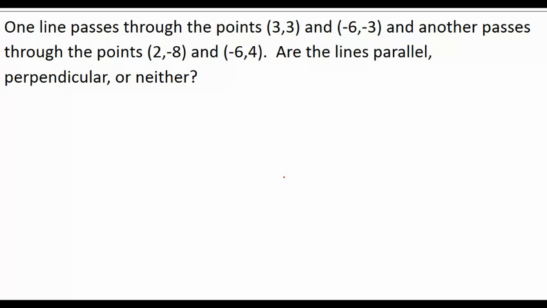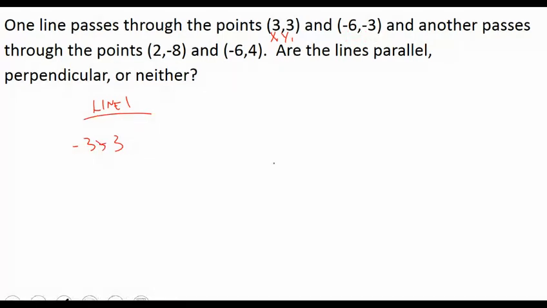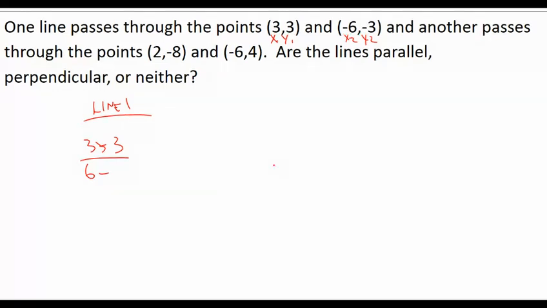All right, you should have tried this one on your own. So I'm going to do it real quick here. Label my points in line 1 here. So it's going to be negative 3 minus 3 over negative 6 minus 3. I'm going to do that subtraction.